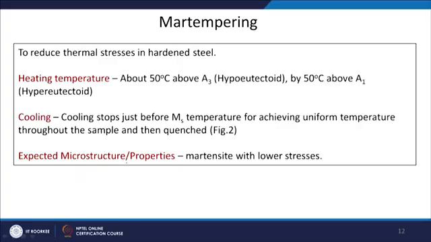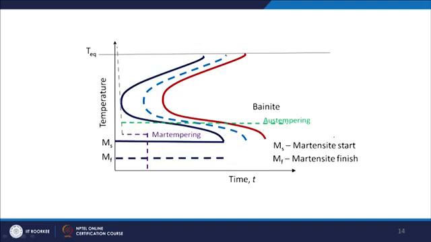But you can get bainite by isothermal transformation. The heating temperature is the same as in Mar tempering, then cooling faster than the critical cooling rate, and then isothermal transformation in the bainite region. The expected microstructure is bainite, with good strength and ductility. So, this is what these two treatments are called.